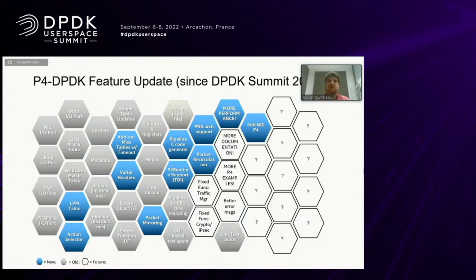The classical P4 model is, in order to learn a new connection, a new flow, you would simply punt the packet that missed the table to the control plane. But sometimes the loop required for the control plane to analyze this packet and update the table is too long. It might be even longer than the connection lifetime.